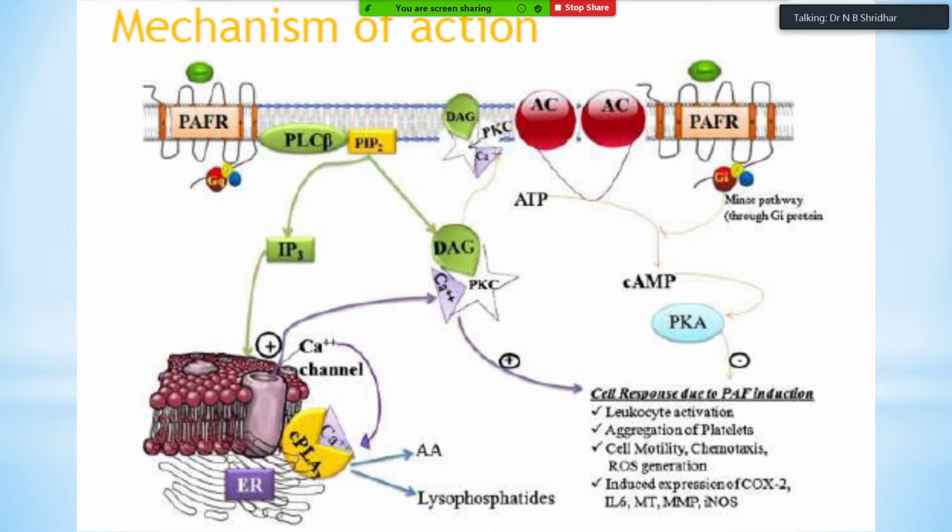Coming to the mechanism of action of PAF. PAF receptors are transmembrane receptors, and phospholipase C is involved. Whenever PAF binds the platelet activating receptor, it initiates action by a variety of methods. Number one, inositol triphosphate is formed from PIP2.